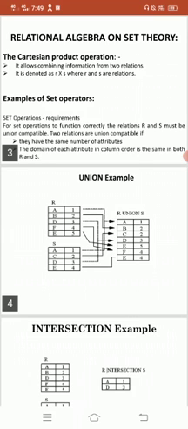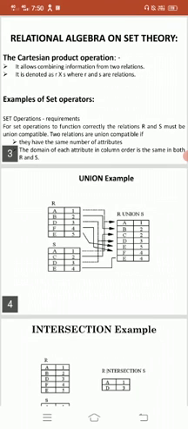So once again, relational algebra is a procedural query language that takes one or two relations as input and produces a new relation as output.